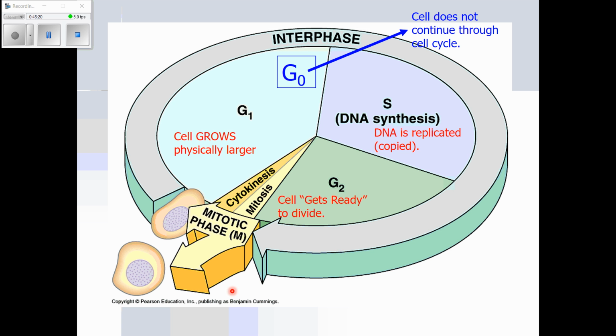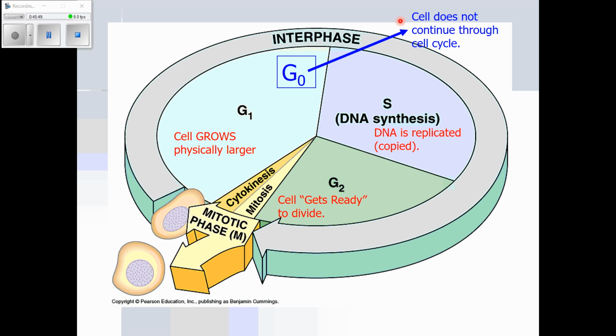Before we leave the topic of mitotic cell division, I want to mention G0. Some cells, after dividing many times, after this cell cycle goes around and around a bunch of times, sometimes the cell will enter into G0. And that means the cell is still alive, it's still fully functional, it's just not dividing anymore.